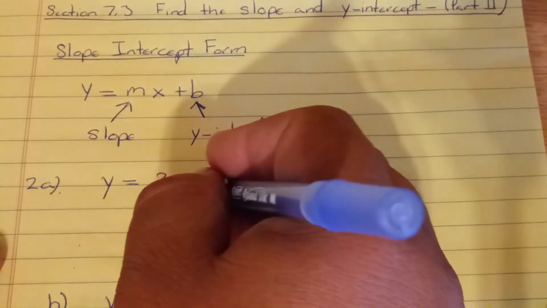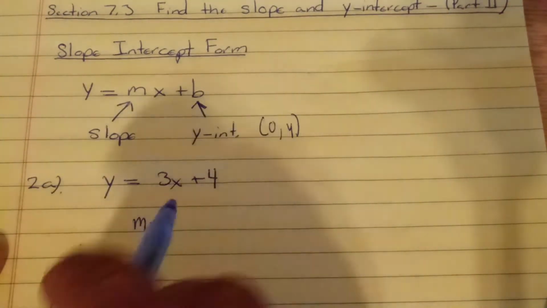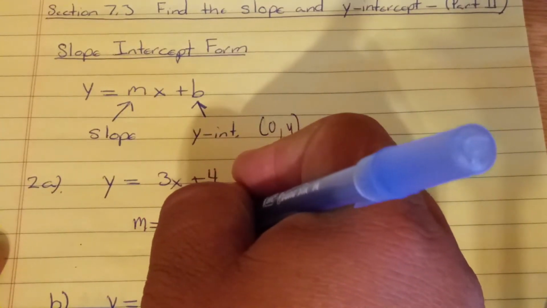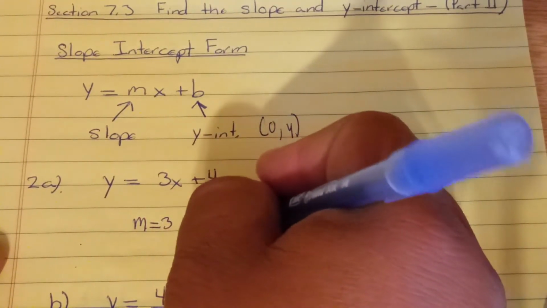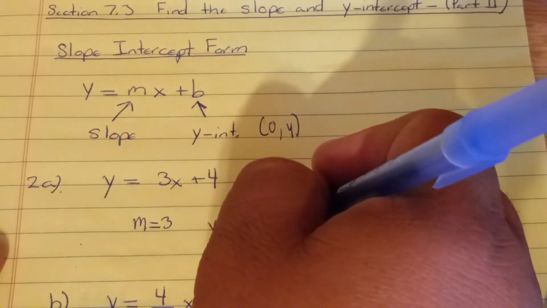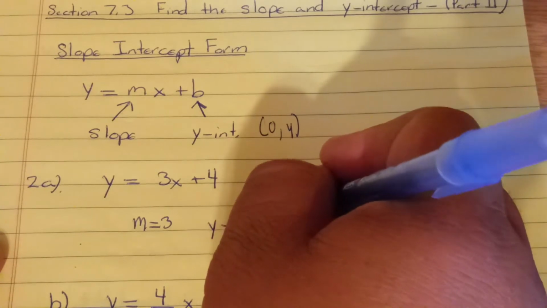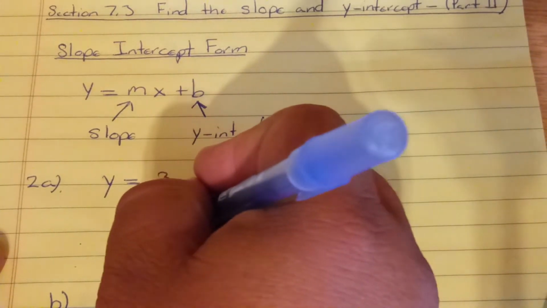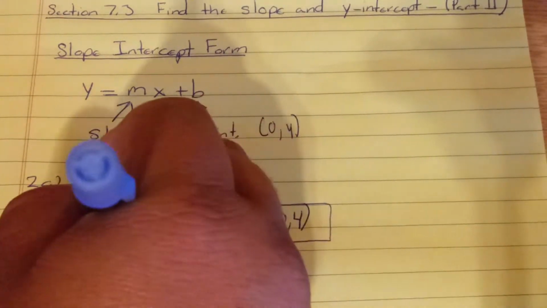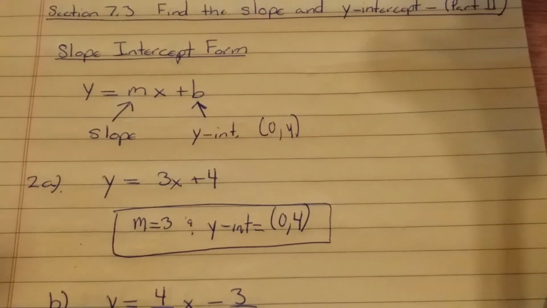And the second number, in this case the plus 4, is your y-intercept. So your y-intercept is equal to (0, 4). And that's it. That's all they want. So there's nothing too fancy about this.